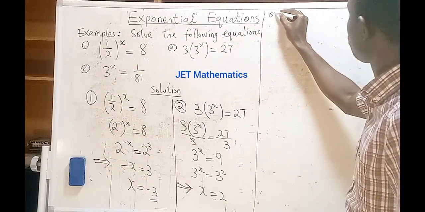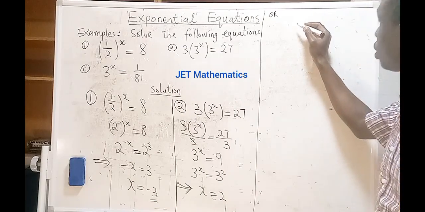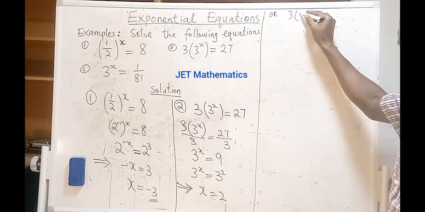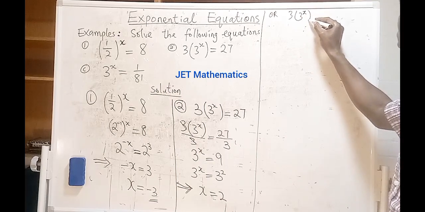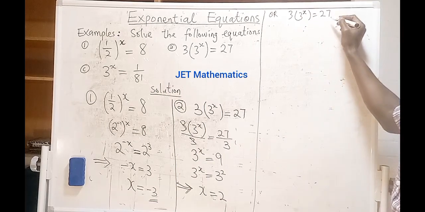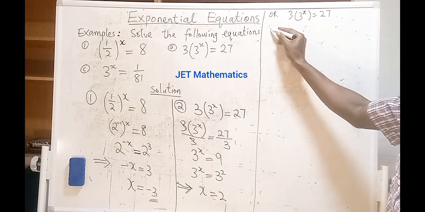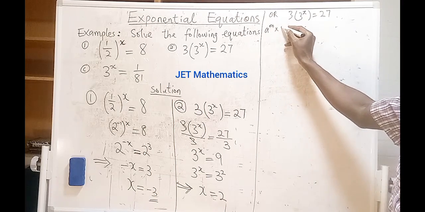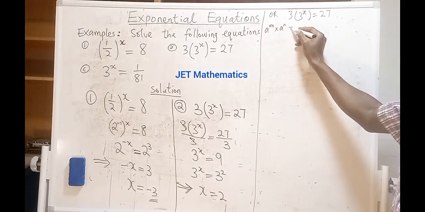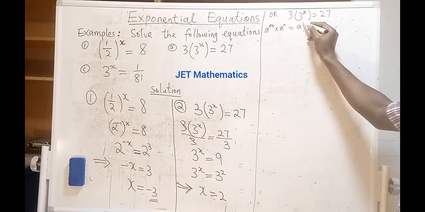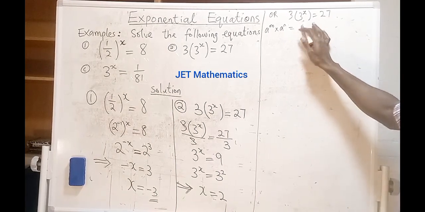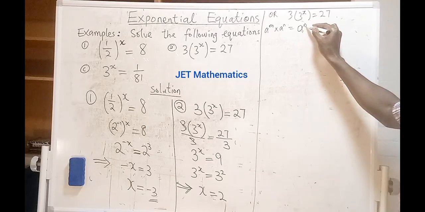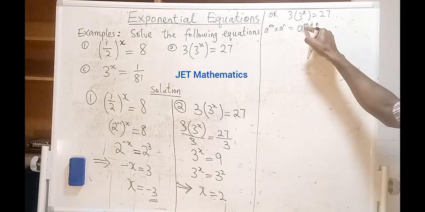Or we can say 3 times 3 raised to power x is equal to 27. Now from our laws of indices, we know that a raised to power m times a raised to power n is equal to a raised to power m plus n, right?